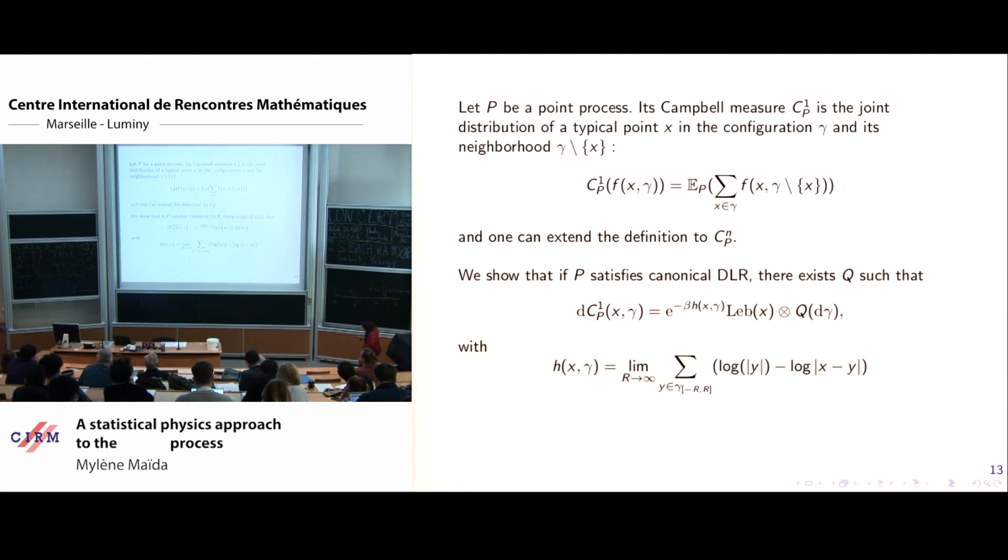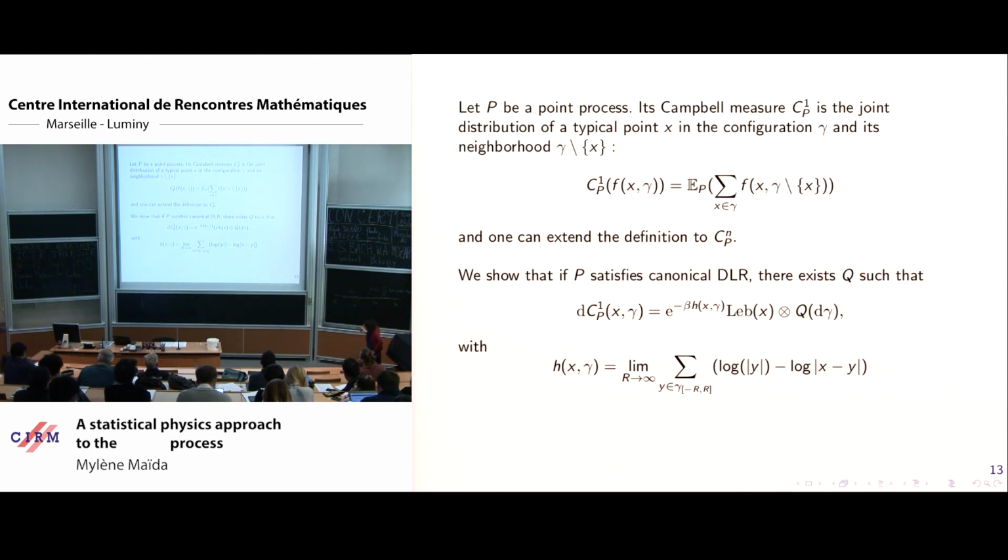And so what we show is that if you have a point process P satisfying the canonical DLR equation, then this Campbell measure has a density with respect to the Lebesgue measure on R times a certain measure on the configuration, and the density is given by exponential of minus beta times, so this is in fact the cost of moving one point from 0 to x in your configuration gamma.